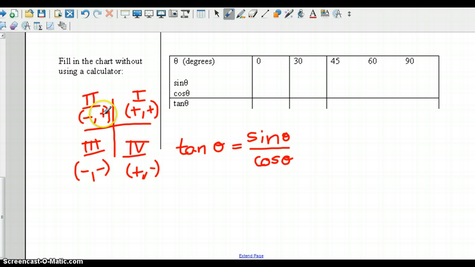Positive divided by a negative makes tangent negative here. Down in the third quadrant, cosine is negative and sine is negative, they're both negative, so negative divided by negative makes tangent positive. And in the fourth quadrant, with x being positive and y being negative, negative divided by positive, again, tangent is negative. So tangent is negative in 2 and 4, and positive in 1 and 3.